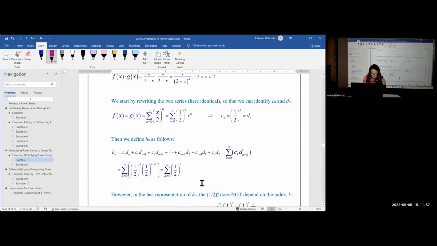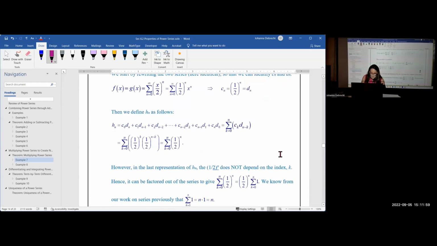We now want to find H sub n. We've defined C sub n and D sub n as 1/2 to the n, and we know that H sub n has to follow this pattern. So that means that we have 1/2 to the k times 1/2 to the n minus k. That's what H sub n is equal to, the product of C sub k, D sub n minus k.